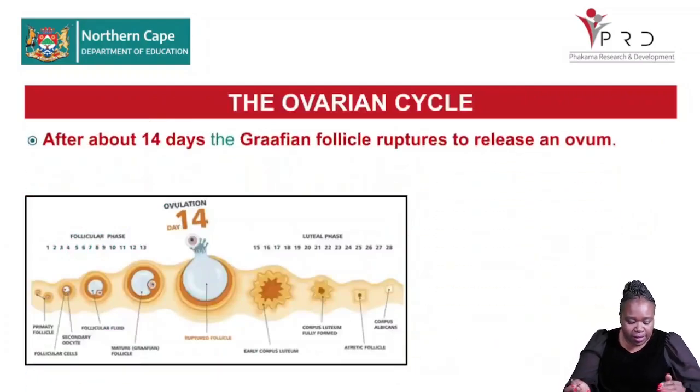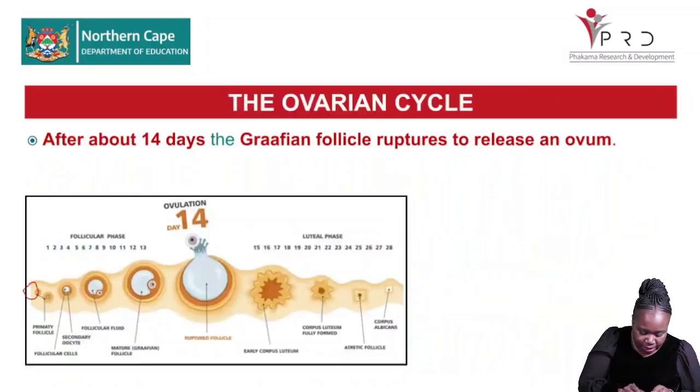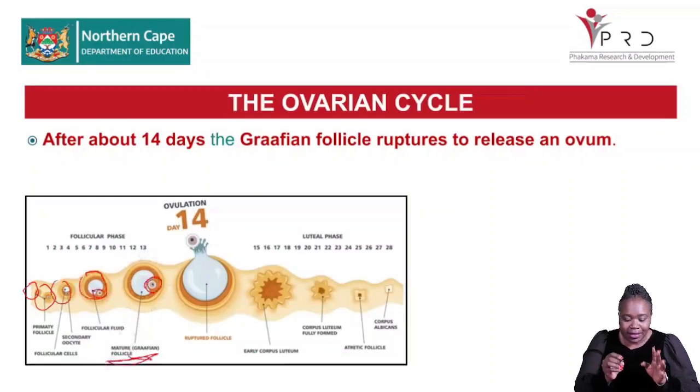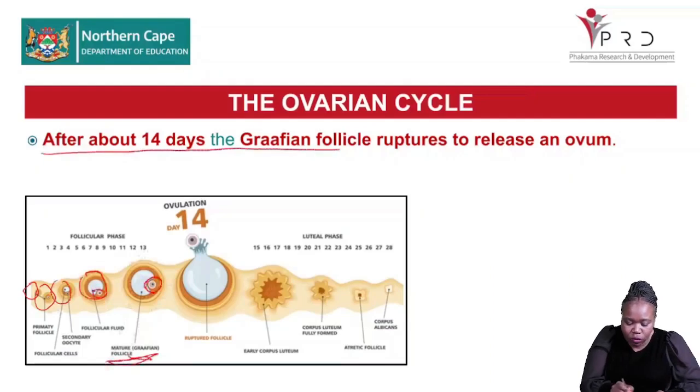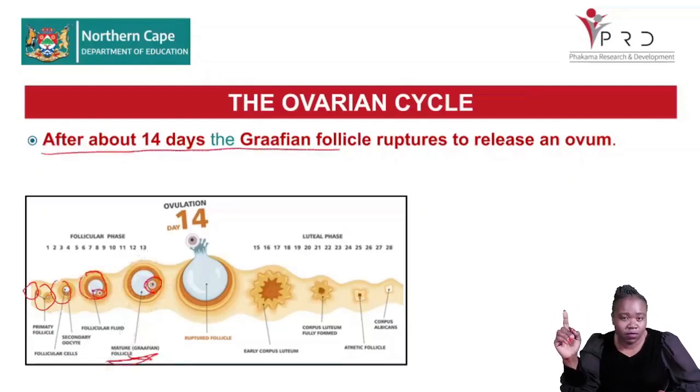Now, this is something that is going to be taking place around the first few days of the cycle, which is what we are seeing over here, right? We can see the ovum there. We can see the Graafian follicle developing more and more, and then with the ovum there. And then when we reach day 14, so day 1 is the first day of the cycle, right? In the uterus.